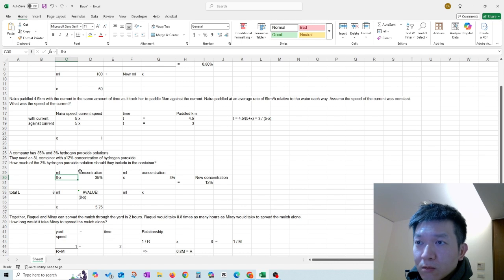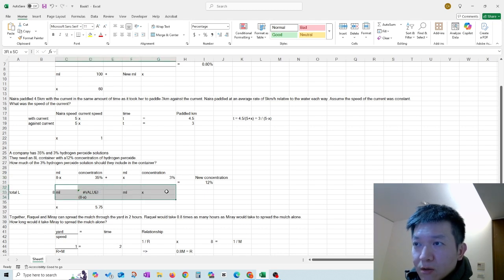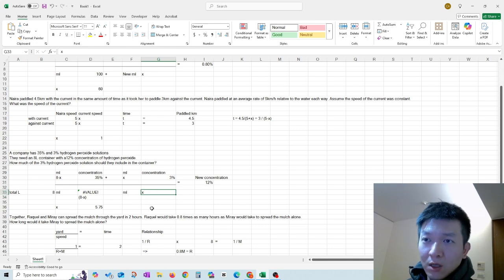So the whole equation will be (8 minus x) times the 35%, plus x times 3%, and the whole thing divided by 8 minus x plus x, which is 8 liters, right?